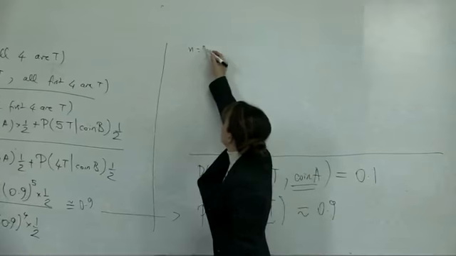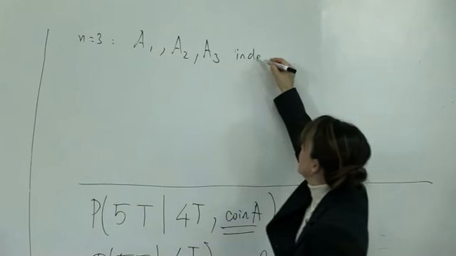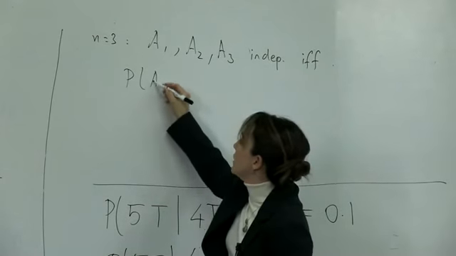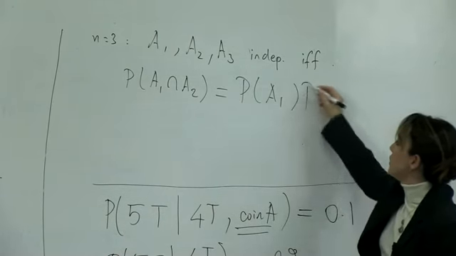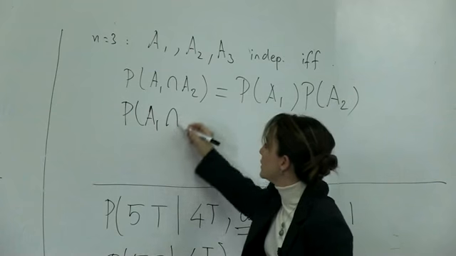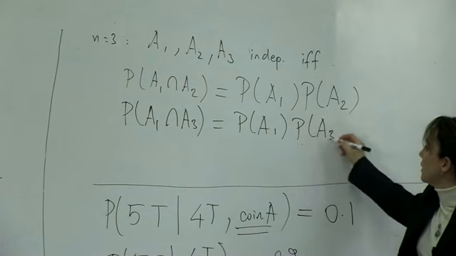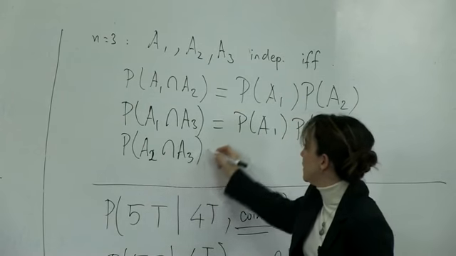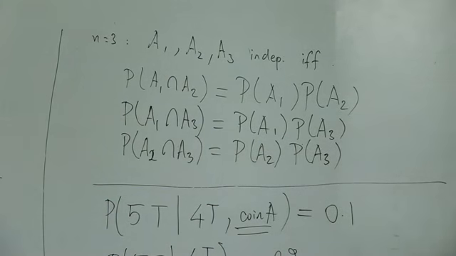N equals 3: A1, A2, A3 are independent as a group if and only if the probability of A1 intersection A2 is P of A1 times P of A2, and P of A1 intersection A3 is P of A1 times P of A3, and P of A2 intersection A3 is P of A2 times P of A3. One more. What is that?